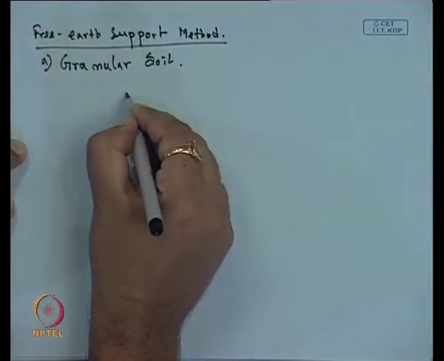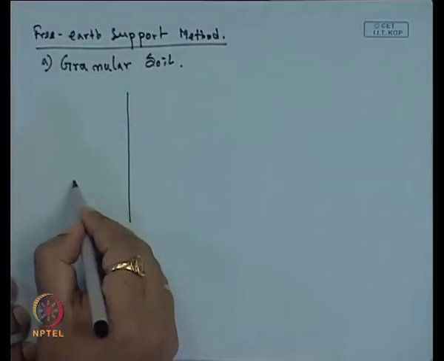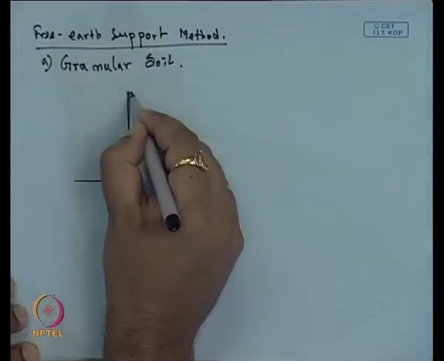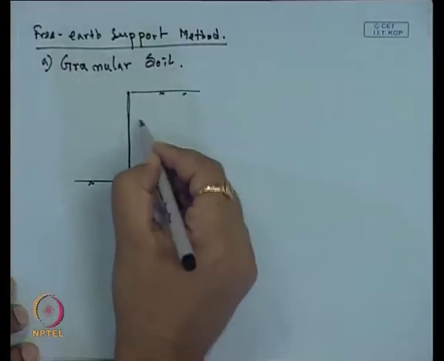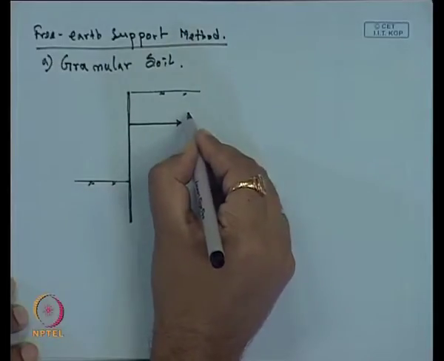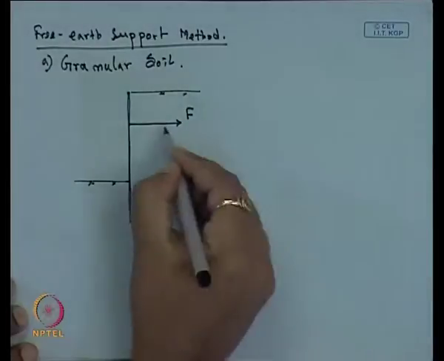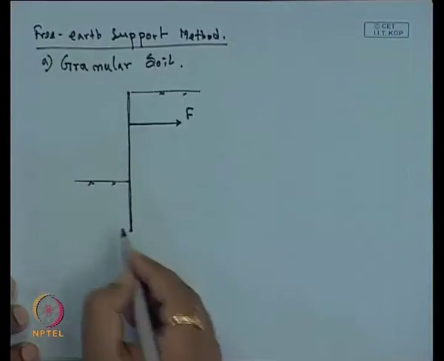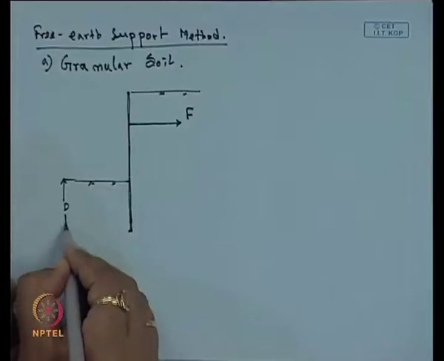So, if I consider one anchor sheet pile in the granular soil, this is the dredge level, this is the sheet pile, this is the top ground surface, this is the dredge level, where a force F is applied to the sheet pile due to this anchor, and this is the required depth of the foundation below the dredge level.